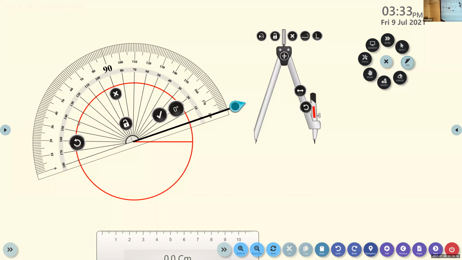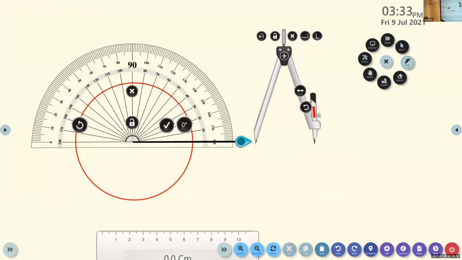Okay, Alvin, did you keep your protractor and radius coinciding? Alvin?